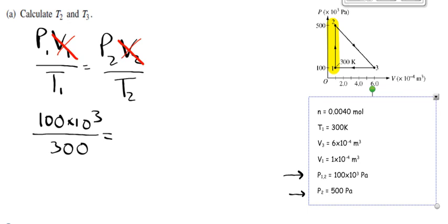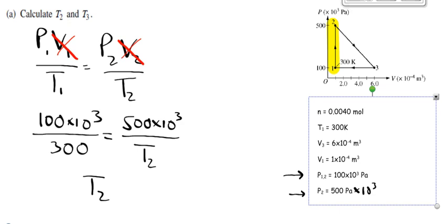It's 500 times 10 to the third Pascal, I forgot to write that. So that goes right here, over top of T2, which is what we're looking for. When you calculate it out, you find the temperature at point 2 is equal to 1,500 Kelvin.